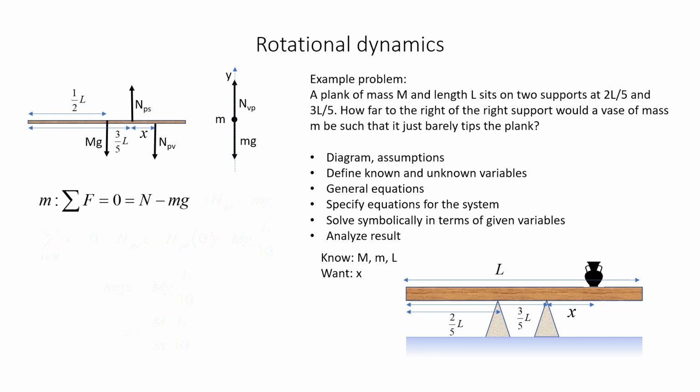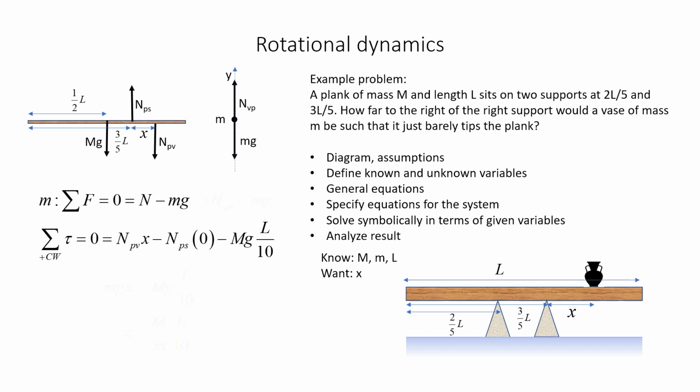For the vase, we have that the sum of forces equals 0, equals the normal force minus mg. From the extended free body diagram, I'm going to choose the right-hand side fulcrum as the pivot point, with positive clockwise rotation direction. That gives me the sum of torque equals 0, equals the normal force on the plank from the vase, a distance x away from the pivot point, minus the normal force on the plank from the support at 0, because that is the pivot point.